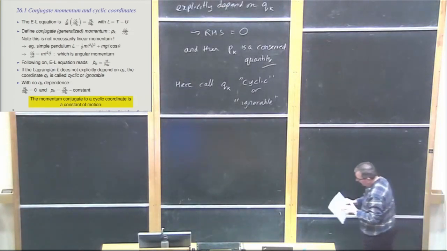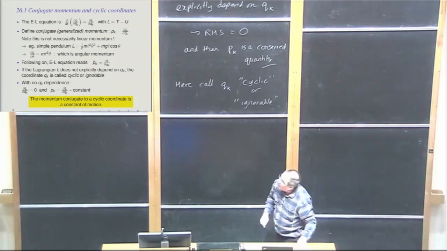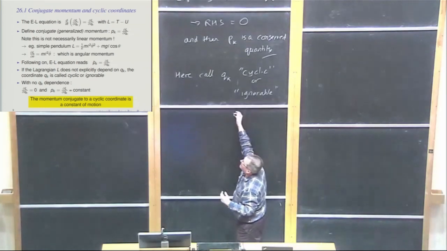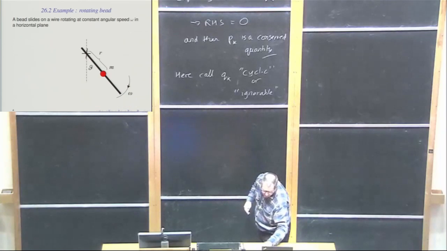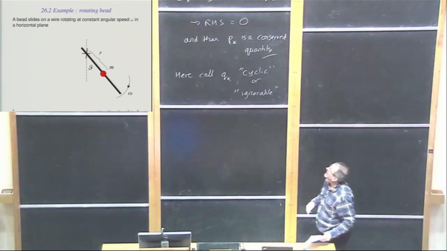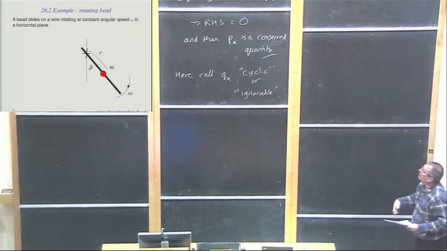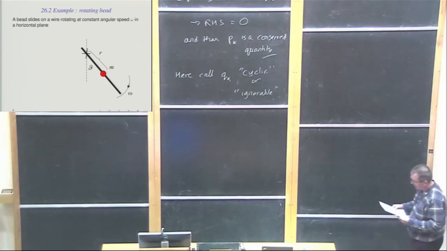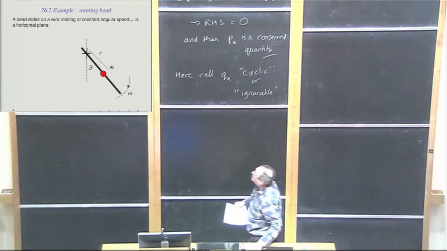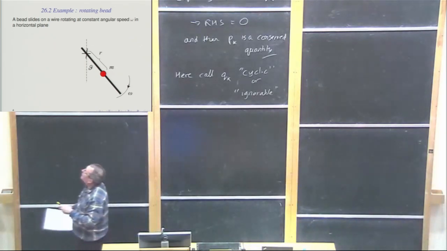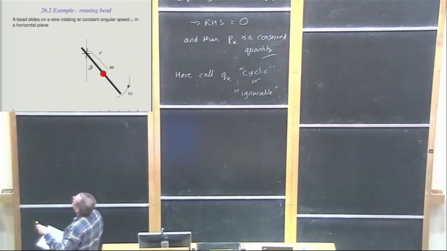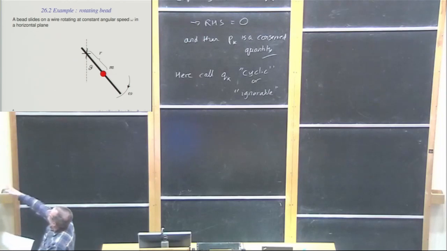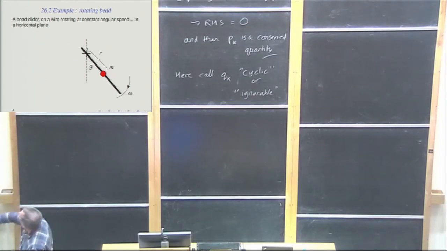Okay, so that's very nice. I hope you agree. But high time, I think, that we plunged into a few examples to get some familiarity with using Euler-Lagrange and the Lagrangians. So let's start with this first case here. This isn't a pendulum. This is something sitting flat on a table.